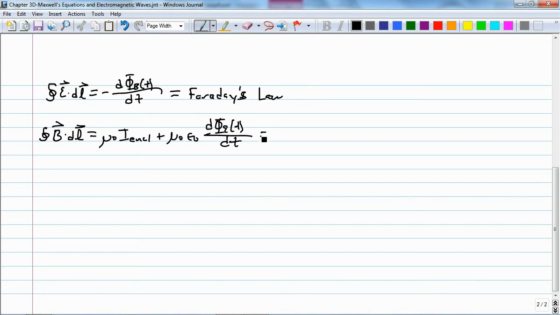And this is Ampere's law. And these are gotten by Stokes' theorem.